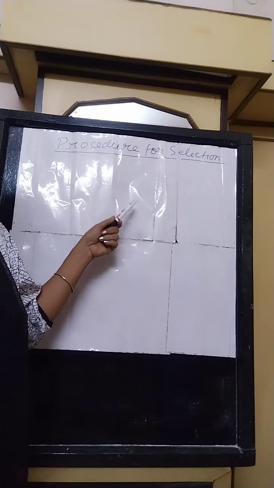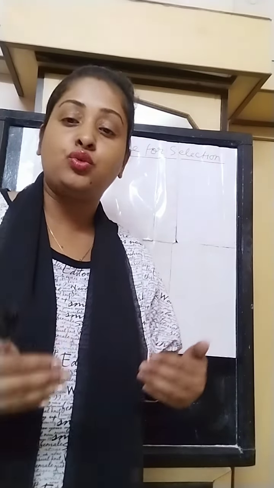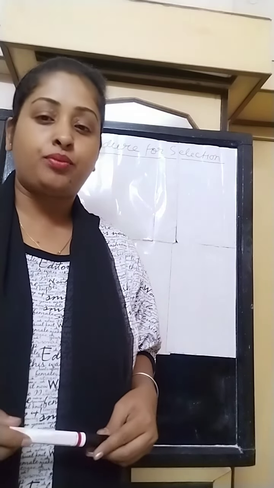Now, this selection process starts immediately after the recruitment process. In this process, there are a series of successive hurdles that a candidate has to overcome. There are various hurdles, and various steps that are to be followed one after the other, and an elimination process is there.